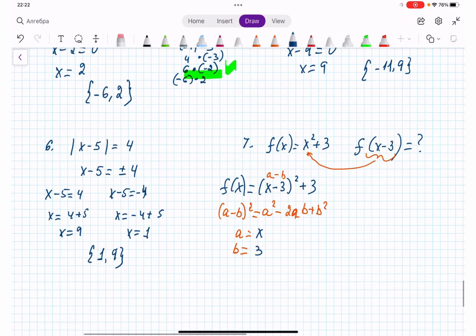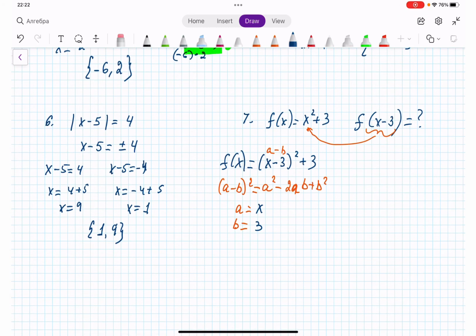So from here, f of x is equal to a squared, which is x squared, minus 2 times x times 3, plus b squared, which is 3 squared. And as a result, f of x is equal to x squared minus 6x plus 9.